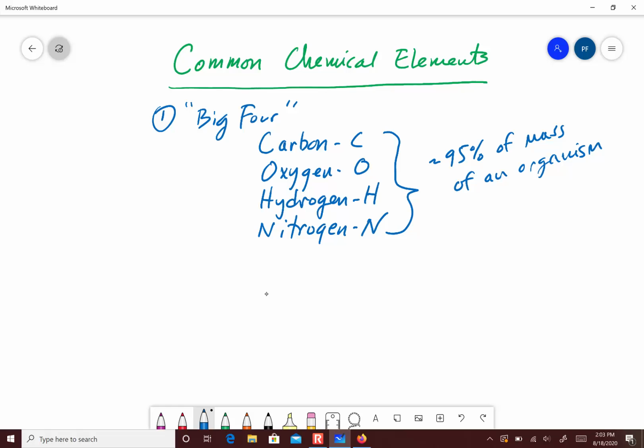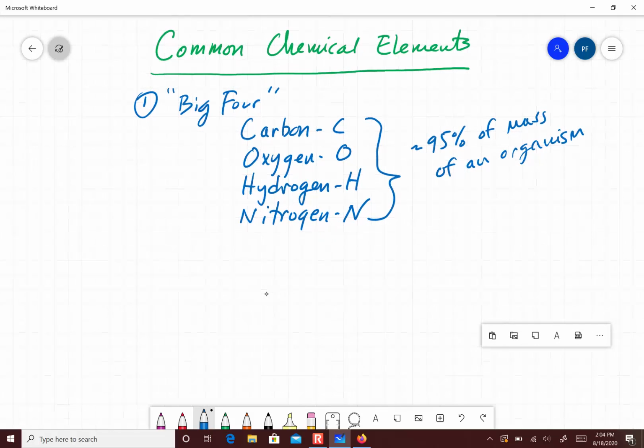But what makes up that stuff? What's a muscle cell made of? What's inside of a muscle cell? The proteins and things like that. These are the elements that are making up that stuff. So around 95% of your mass is made of these four things. Okay, so that's why these are the big four.